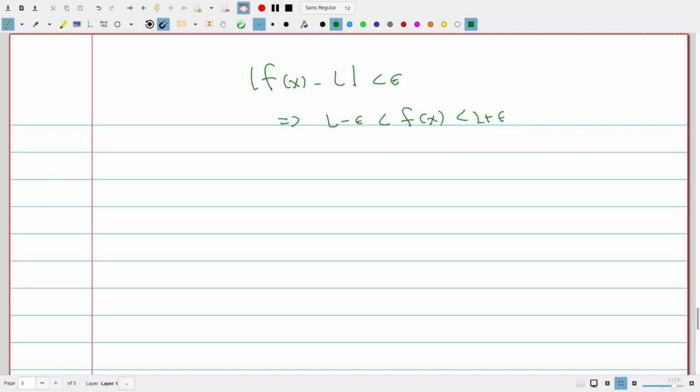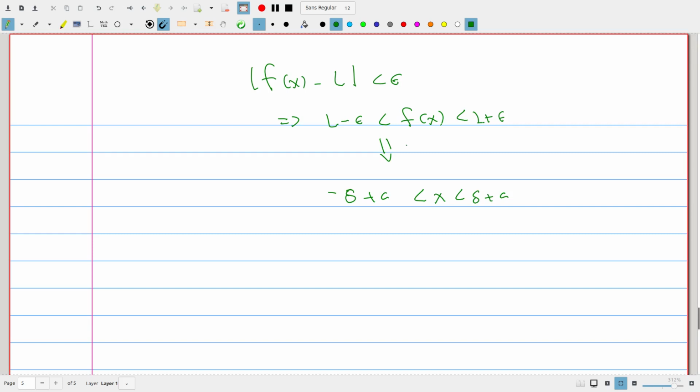And for every epsilon greater than 0, we found a delta interval about a, right? So a minus delta, x, a plus delta.